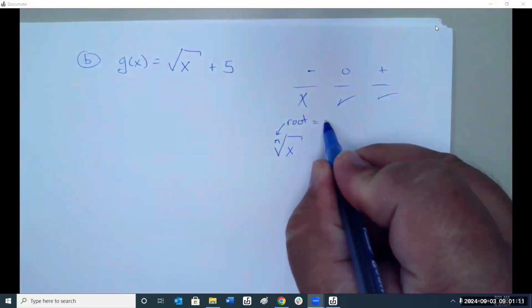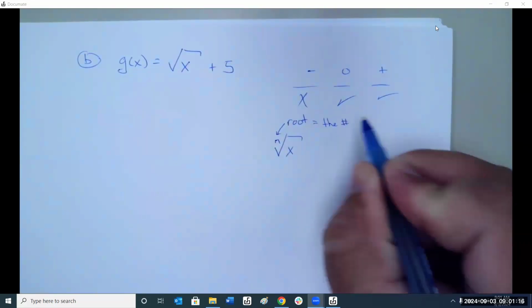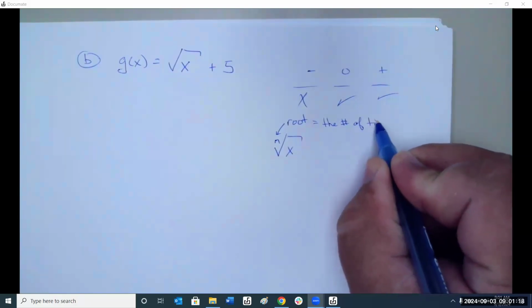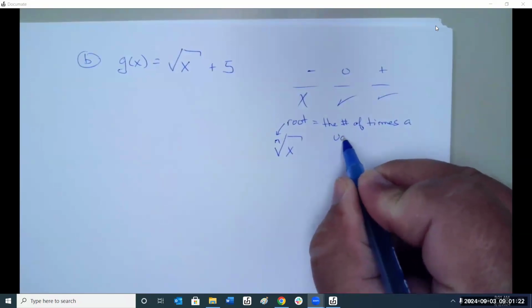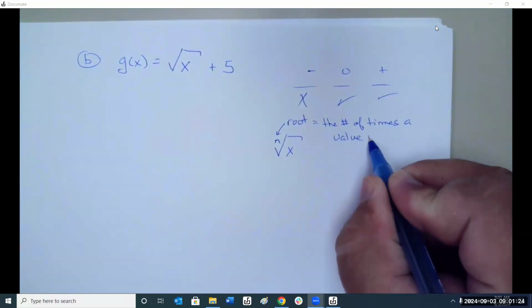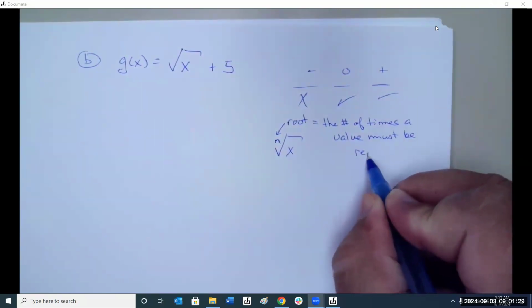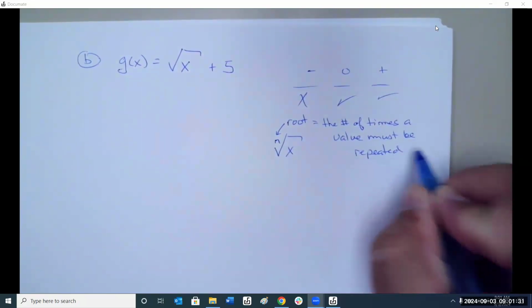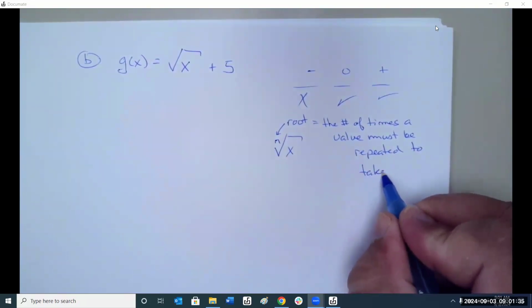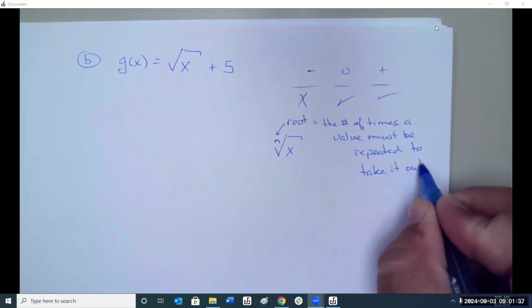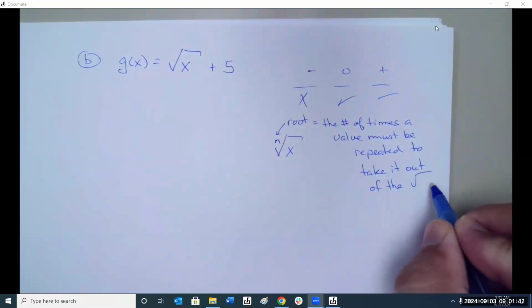The root tells us the number of times a value must be repeated to take it out of the radical.